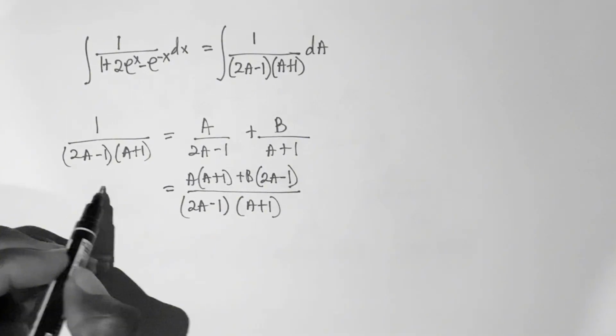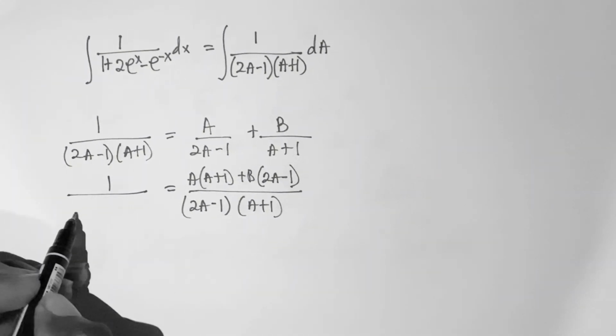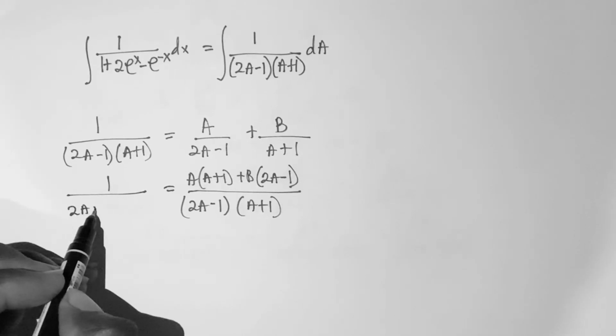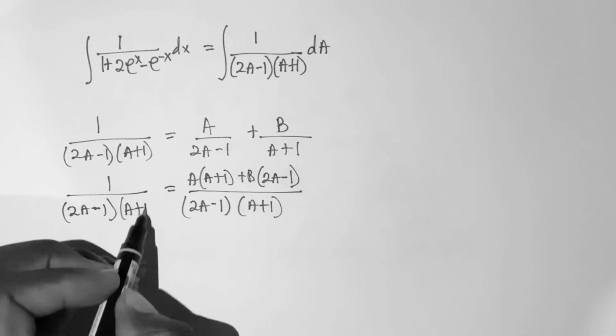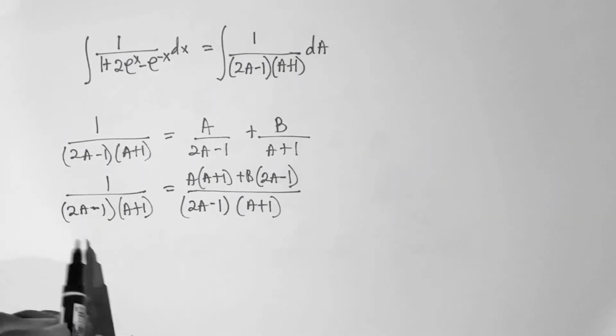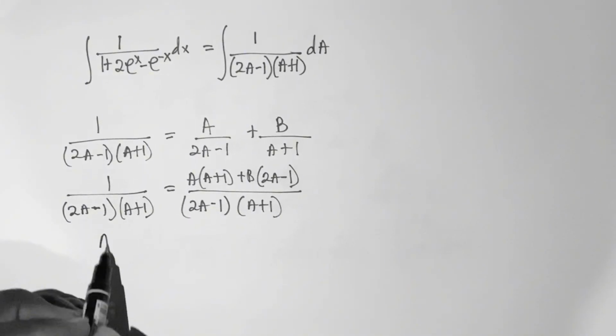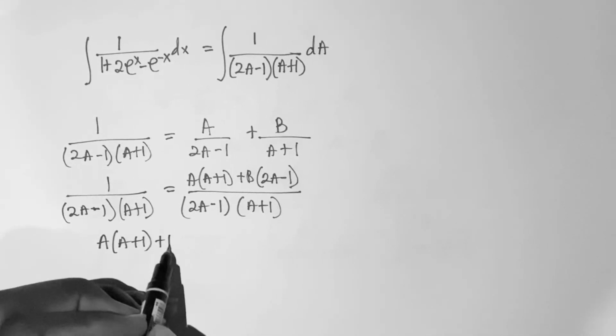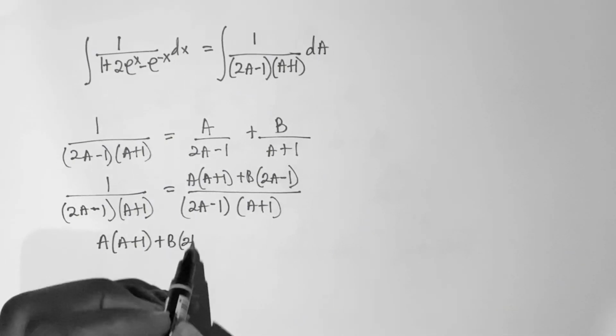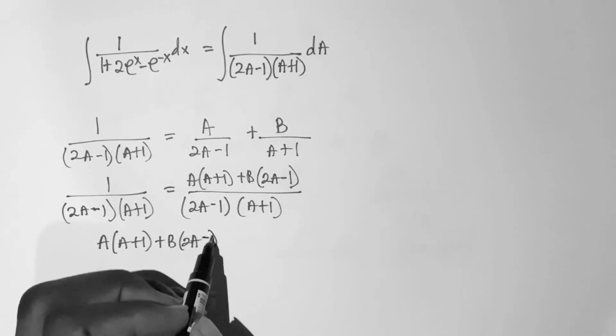Then this is equal to 1 divided by 2A minus 1 times A plus 1. Since the denominators are equal, we can equate the numerators, which is A times A plus 1 then plus B times 2A minus 1.